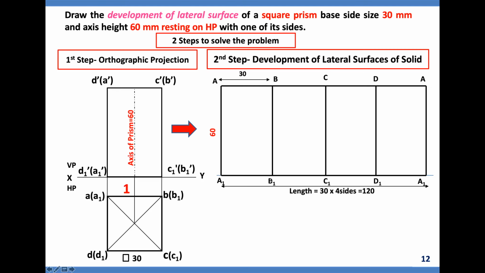Here also A to B. I have got one rectangle. This I can call as 1. Like that, B to C 2. C to D, please have a look in top view. C to D 3. D to A 4. So square prism has got 4 sides. I have unfolded it. This is the development of square prism.